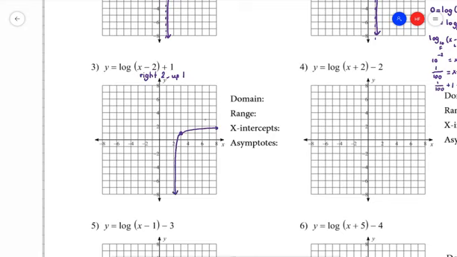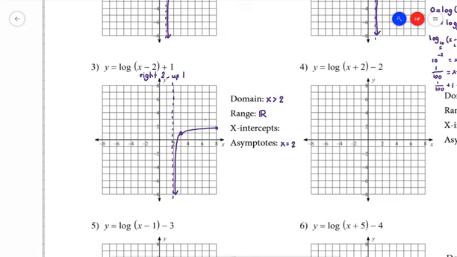So our asymptote moves to the right 2. Domain, x is greater than 2. Range is all real numbers.